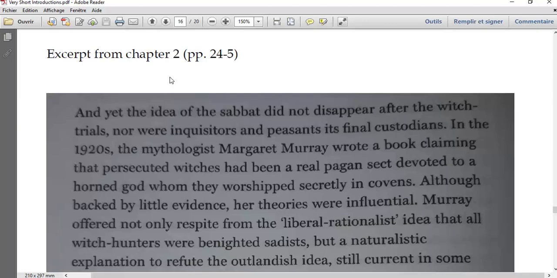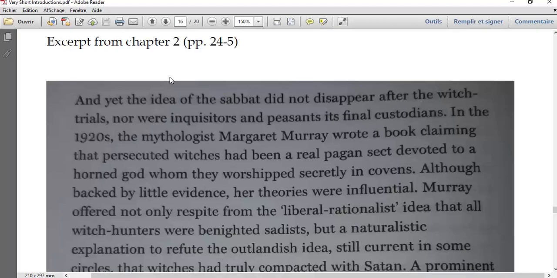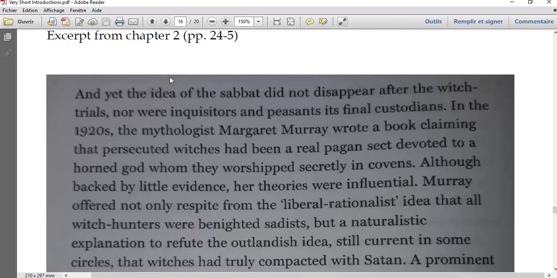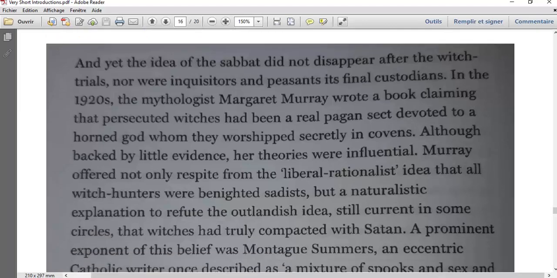Here in this passage, which I will let you read at home with the PDF file once again, the reassessment concerns one Margaret Murray, a mythologist from the 1920s, and what Malcolm Gaskill says about Margaret Murray's work and how it was integrated into historical writings about witchcraft is very interesting.